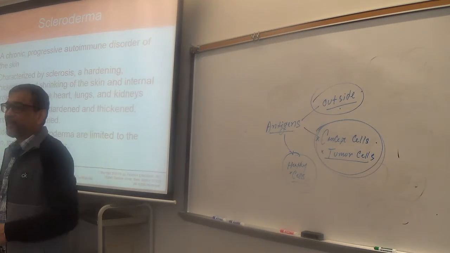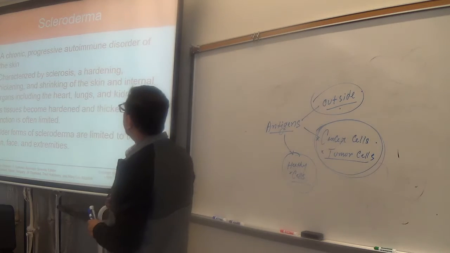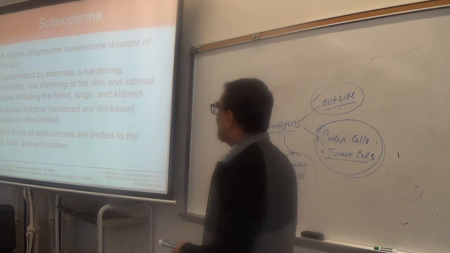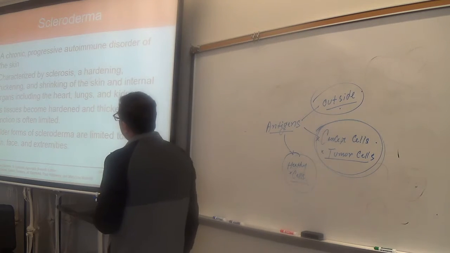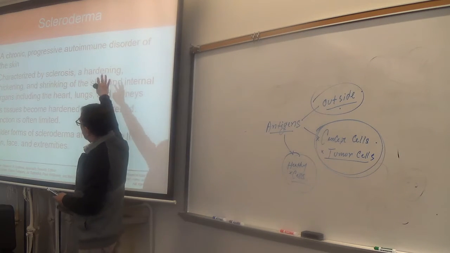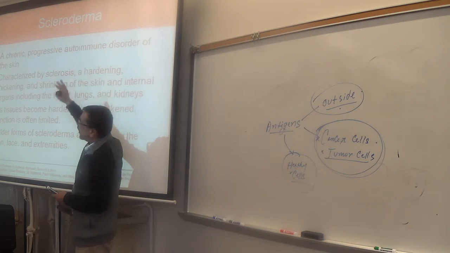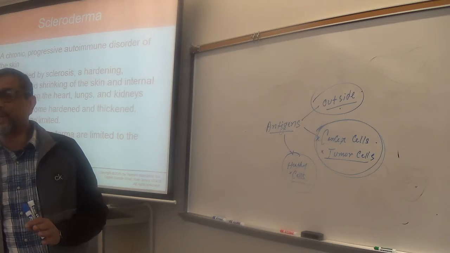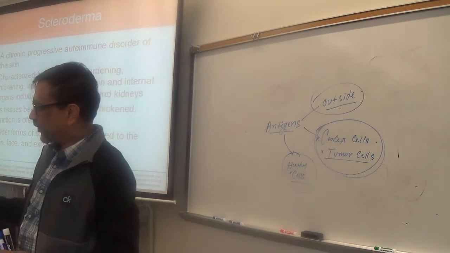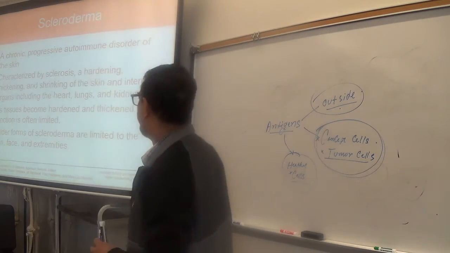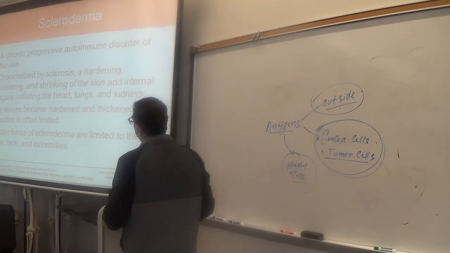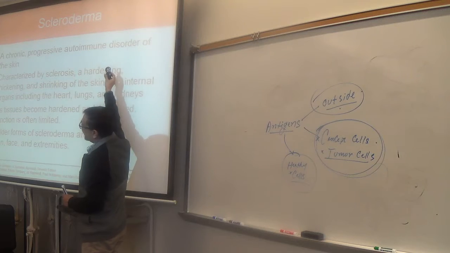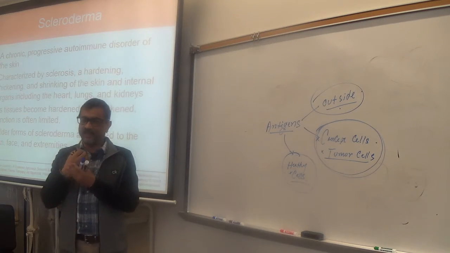Scleroderma. This is another condition in which the skin becomes hard, thick, and there are two stages. One is the early stage or less severe stage, and another is the advanced or more severe stage of scleroderma. In the early stage, we see thickening and hardening of the skin.